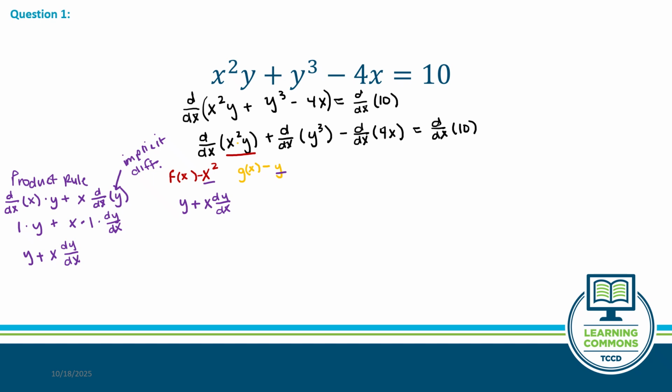Okay, now let's move on to the next thing. So here we are, it's just y cubed. It's going to be implicit differentiation, but because there's nothing next to it, it's just power rule. And we're going to do that really quick.